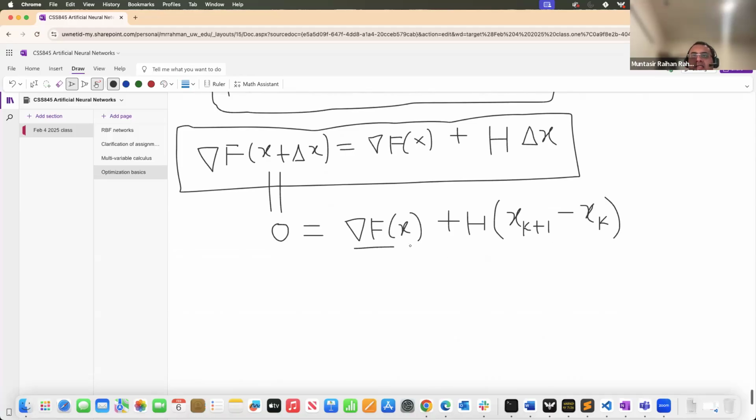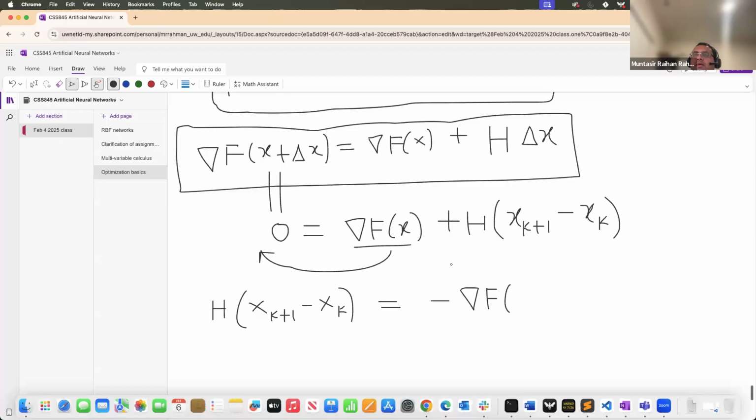I can take this to this side, and I get H times x k plus 1 minus x k is equal to minus the gradient of f, computed at x k.